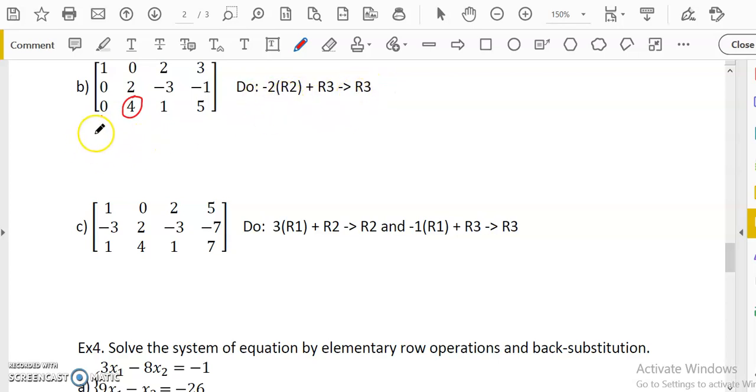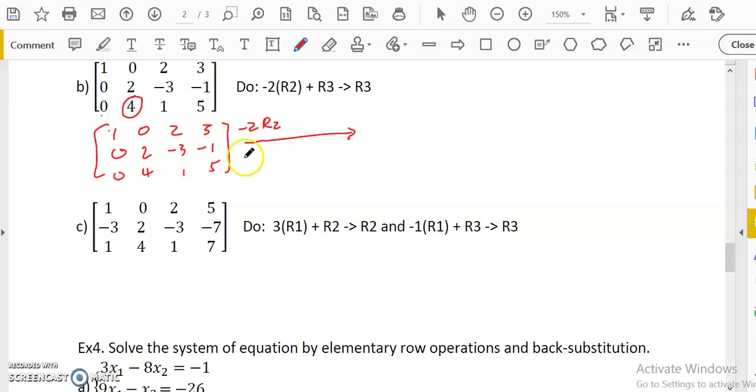So that's how we do it. 0, 2, -3, -1. And I promise you that I will teach you how to use the calculator to do it in 1.2. So -2 times R2. I'm going to do -4, 6, and 2, plus R3, which is 0, 4, 1, 5, and replace R3.